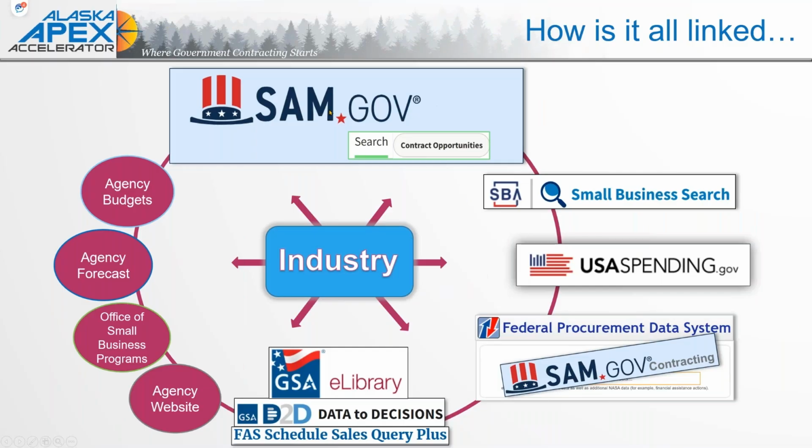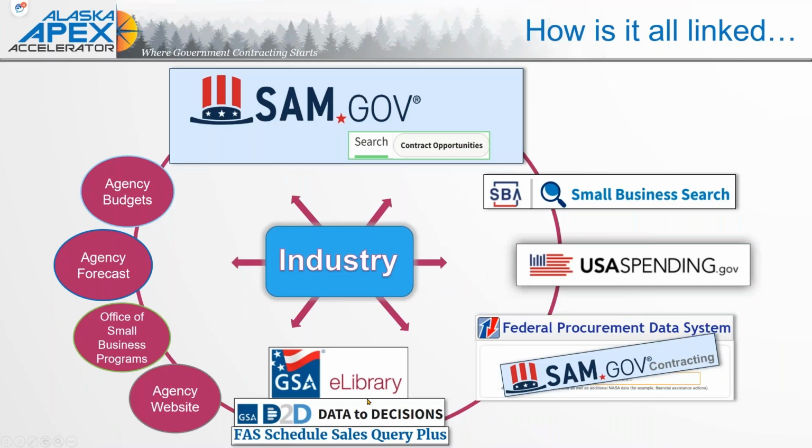So it's just one more component of SAM, spread out through multiple sections throughout that SAM website. And we'll talk about that in a bit. We can take that information of past procurement, which feeds USAspending, and roll that back around.